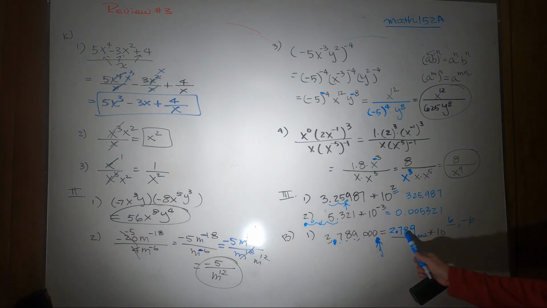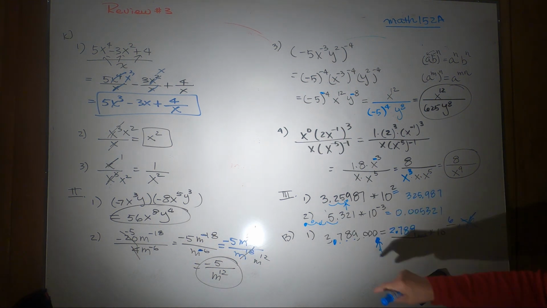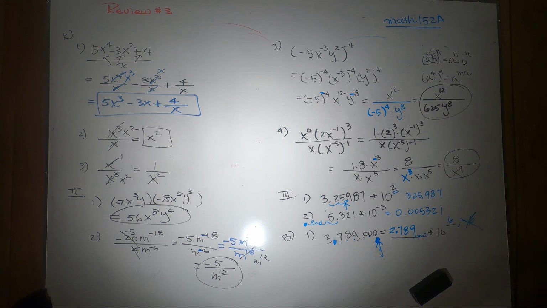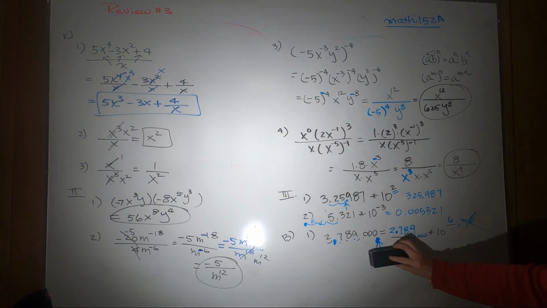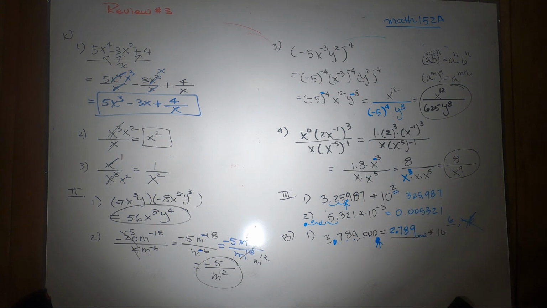But this is a small number to the bigger number, so you have to multiply what? Positive or negative? Positive. If it's from small number to the bigger number, you need to multiply a positive. If from bigger number to the smaller number, you need to multiply by a negative exponent, right?